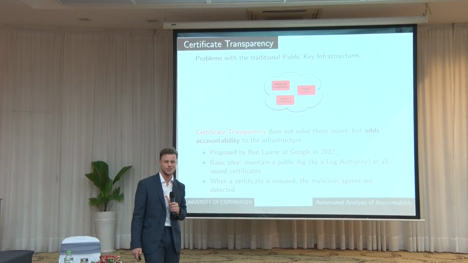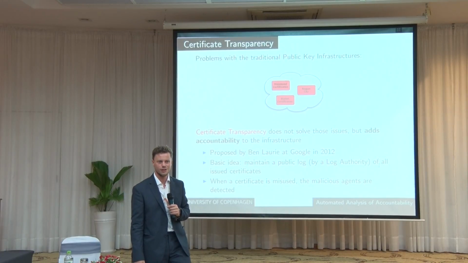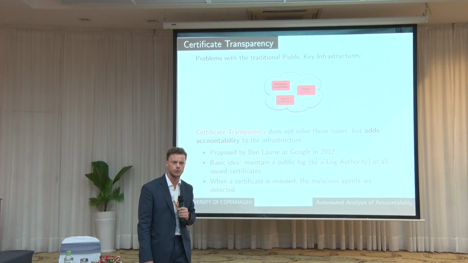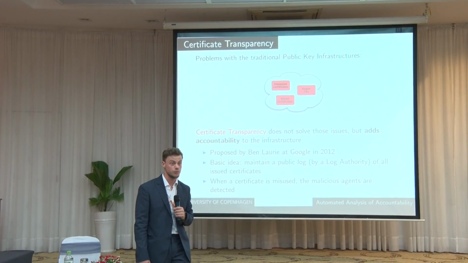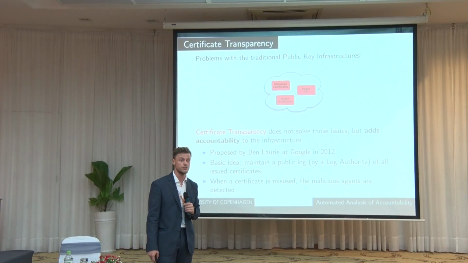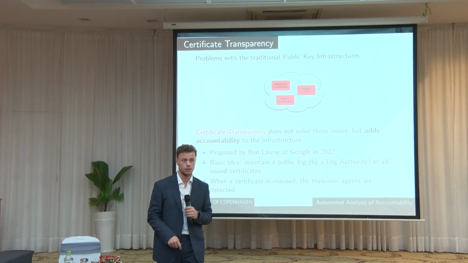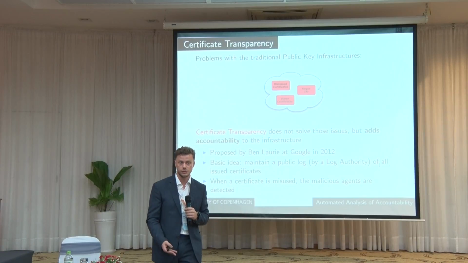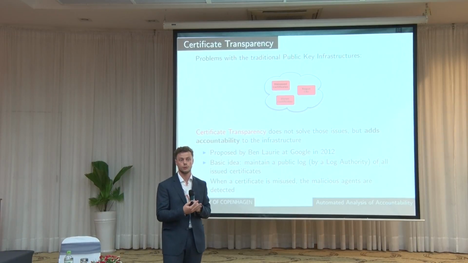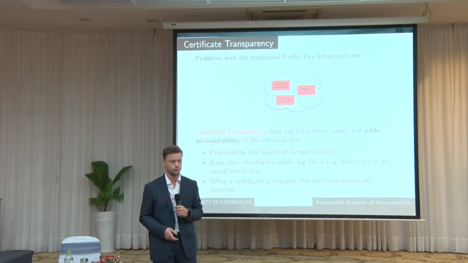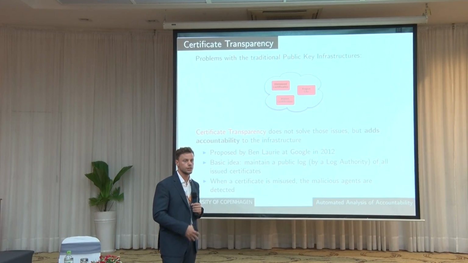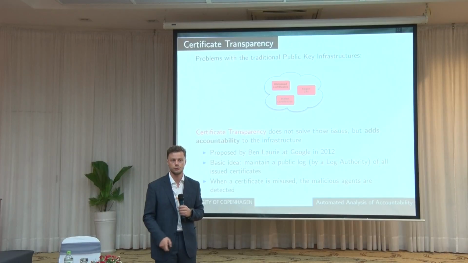No. Who misissued certificates for Google, for example, and for companies that could then use these certificates to do man-in-the-middle network spoofing, because now they have a certificate for Google and they could just be a tunnel through and just read all the employees' communication.